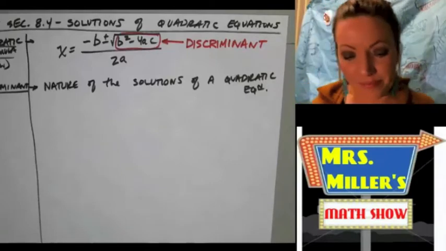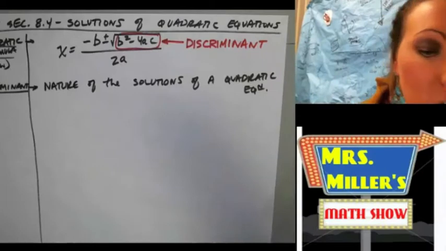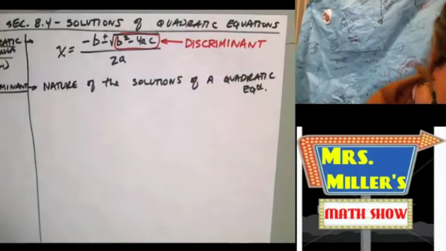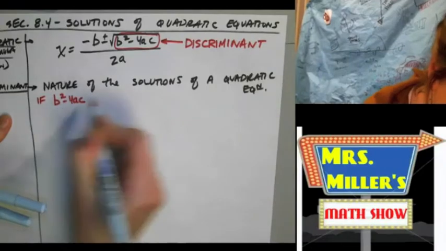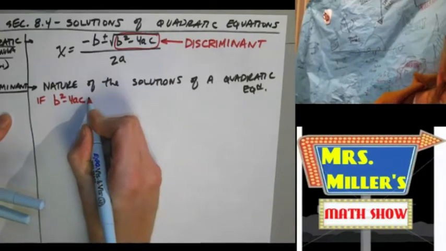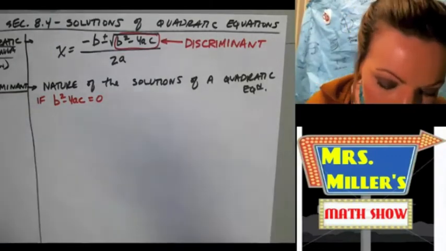All right, so we have three different choices here. The first one is, let's do some color coding here. If b squared minus 4ac is equal to 0, so what's underneath the radical could be equal to 0. That's one option.